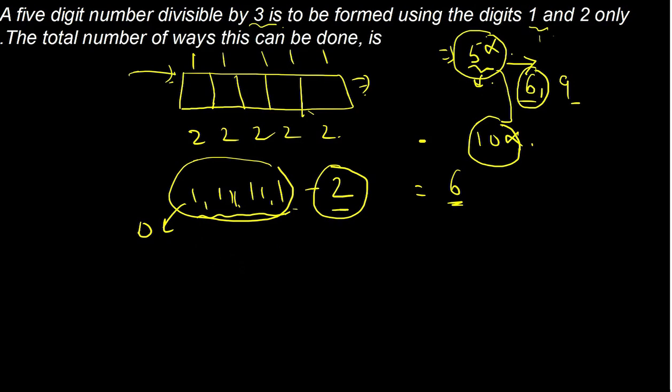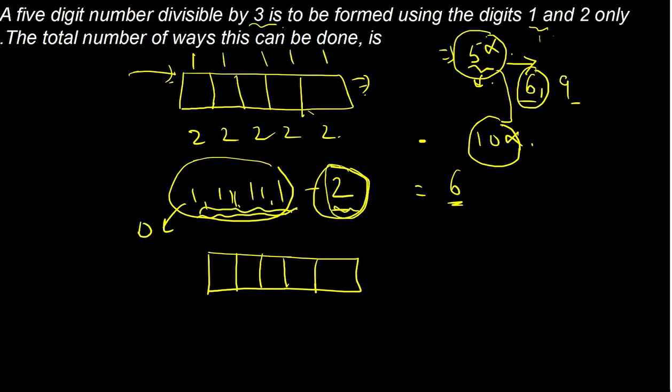Let's say a 5-digit number is there. So this is 1, 2, 3, 4 and 5. The problem is not with the 1s. The problem is with the 2, where we should fix it. So there are 5 options where it can be placed. If you put 2 over there, then the remaining 4 are going to be 1s.